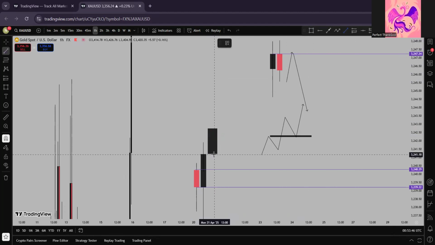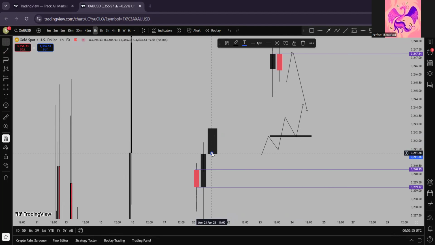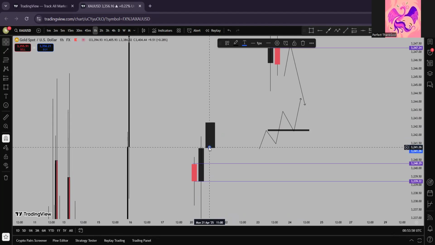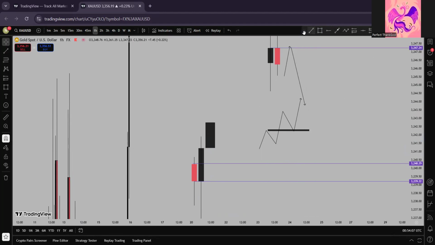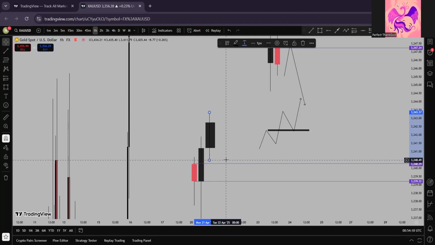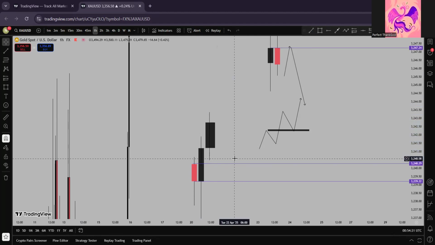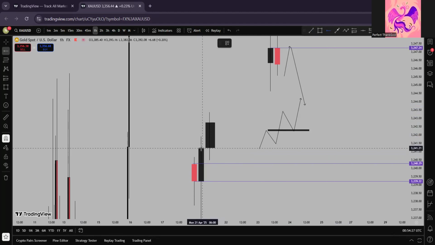There I have my candle, my wick. So now, in this case, my entry is here. So this is also a support for me.